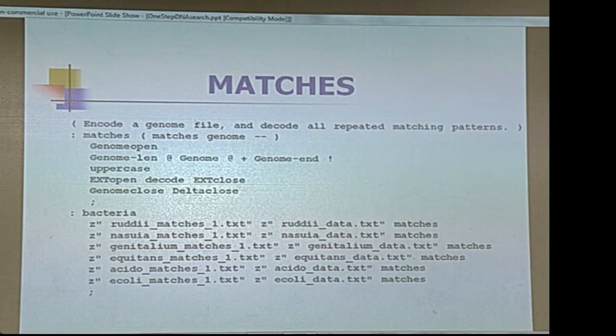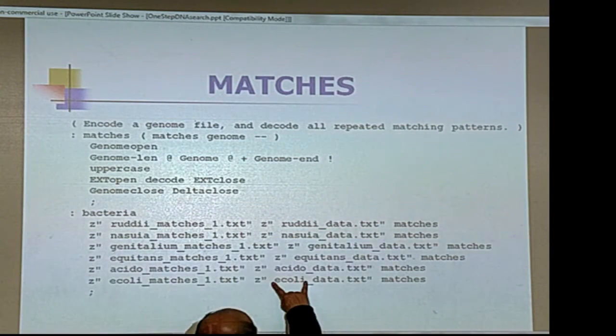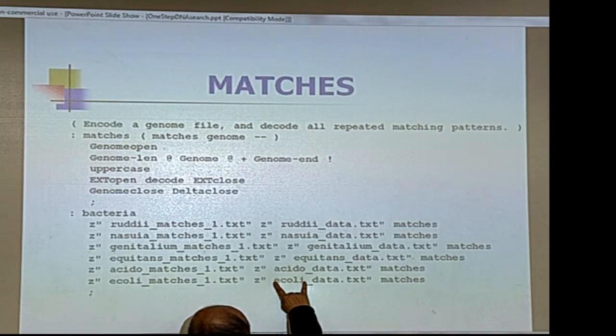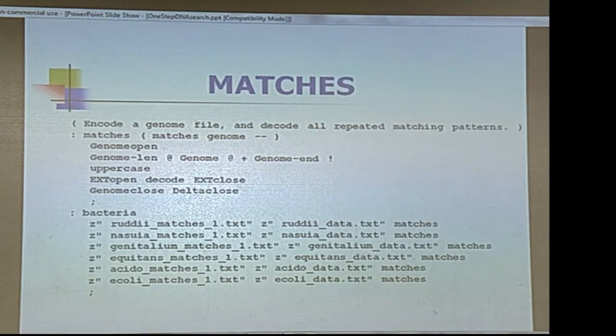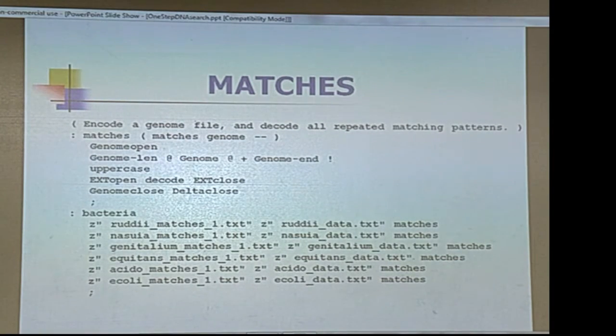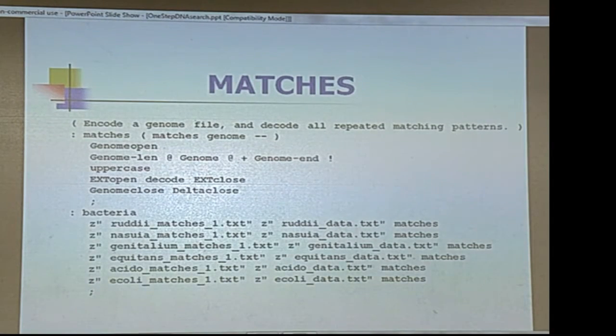But Python has a better string processing property, so that I just give it a name of the file, and I attach the rest of the name, and it would do the input file, and it would generate the output file with only one file name. I think I can do it in Forth, but that might be something that could be added to Forth. Oh yeah.